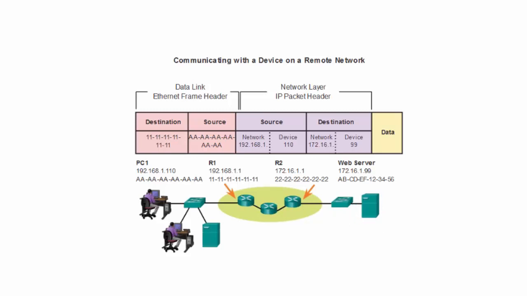The data link layer address is used within the same network to deliver the message across the devices in the same network. And then the IP address will be used by the routers to route the information across the remote networks all the way to the receiver on the other side.